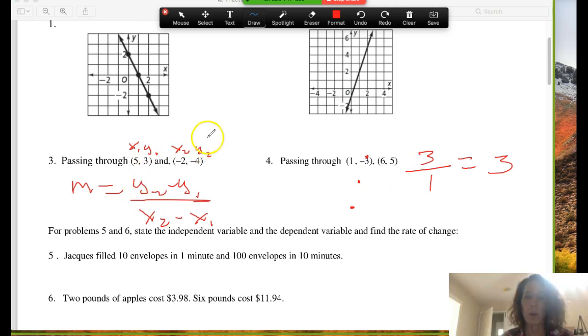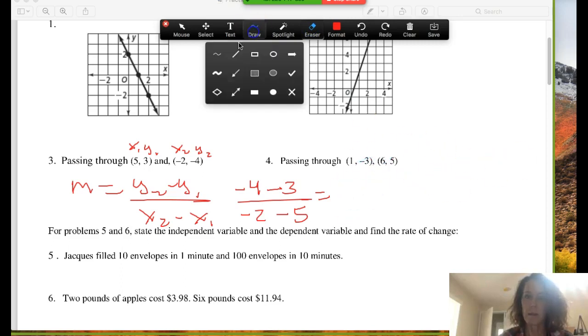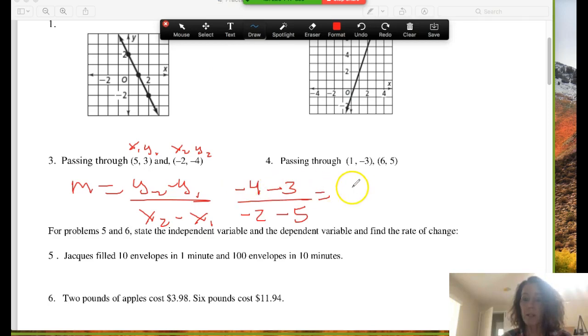And just go ahead and do it. y2 minus y1, so I'm going to go negative 4, careful of double negatives here, negative 4 minus 3, and then do x minus x, negative 2 minus 5. And just do the math on that. You've got, let me erase this. Okay, negative 4 minus 3 is going to be negative 7. Negative 2 minus 5, that's also negative 7. Negative 7 divided by negative 7 is positive 1. So the slope for number 3 is positive 1.